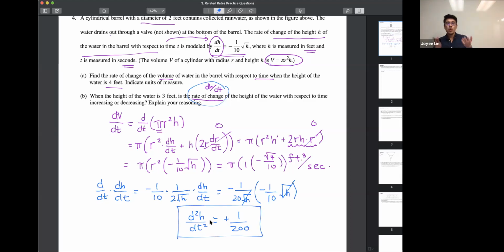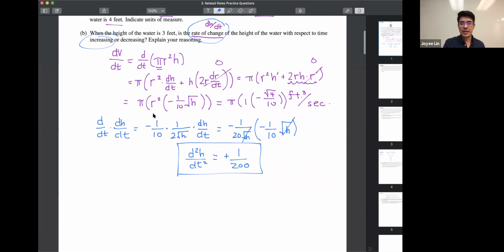So what does that tell me? When my second derivative is positive, is the rate of change increasing or decreasing? Well, since the second derivative is the derivative of the first derivative and it's positive, my rate is increasing. And then your explanation could be something along the lines of, because d squared h over dt squared is greater than 0 for all values of t.